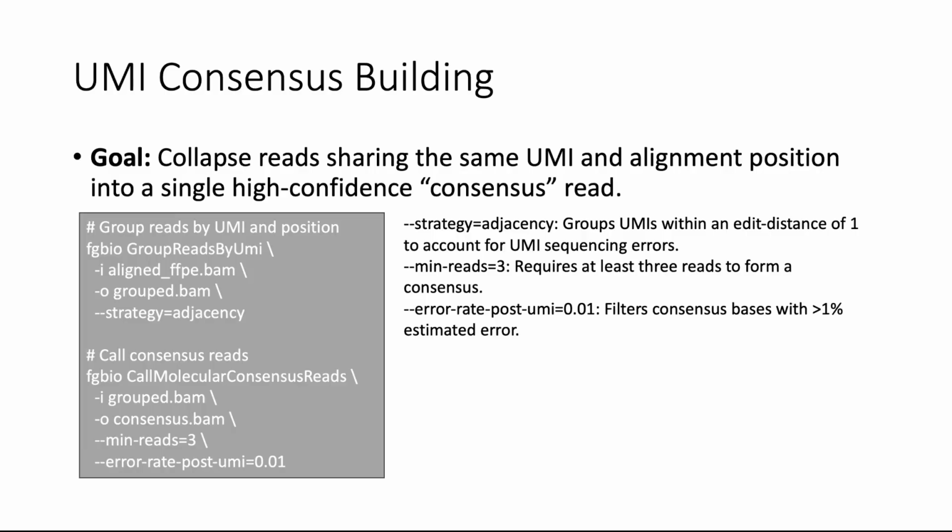Also, we can state, for example, the minimum amount of reads which should be present for this consensus to be calculated, and what estimated error rate we're accepting in this process.